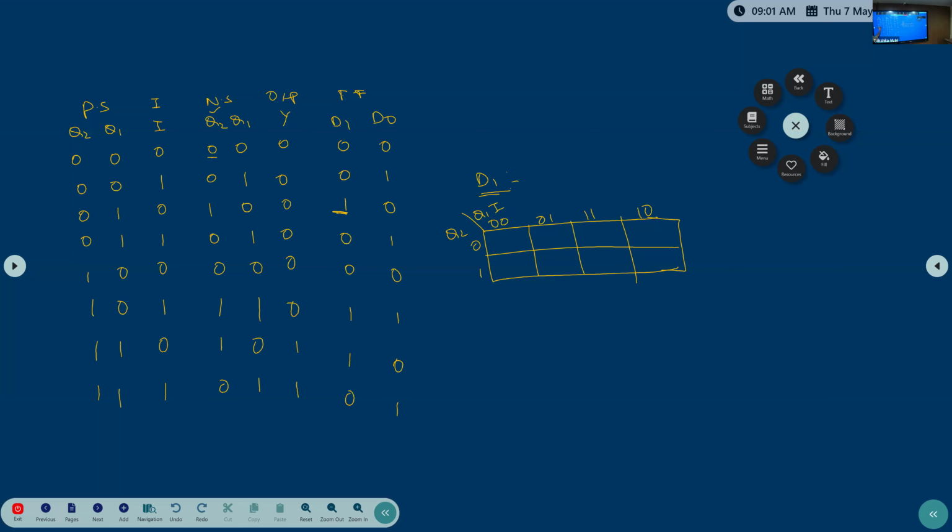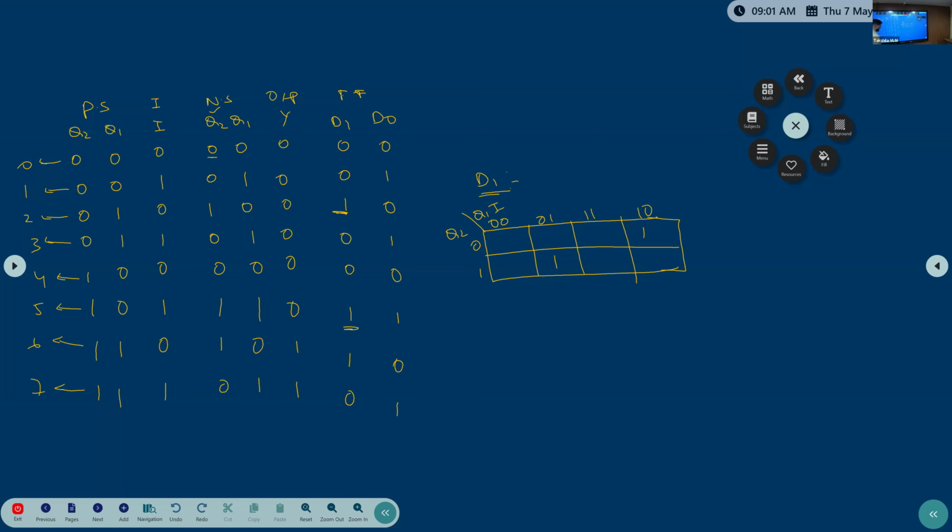What is this condition? This is 0, this is 1, this is 2, this is 3, and 4, 5, 6, 7. This condition D1 is high. What is this condition? 2, right? 0, 1, 0. This condition it is high. Next, it is high at 5. 5 means 1, 0, 1.